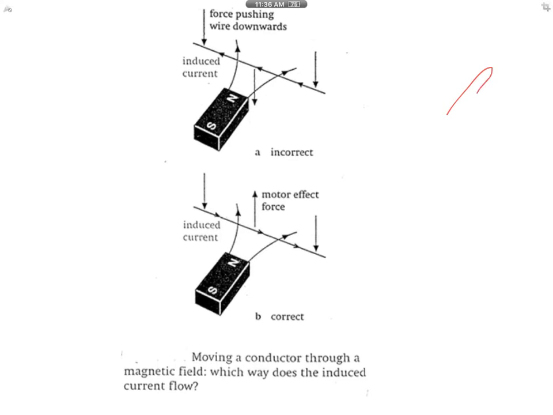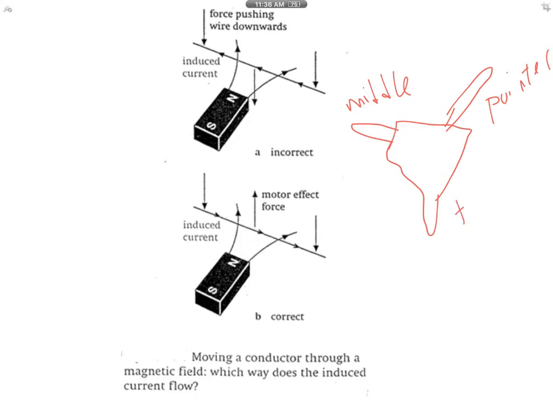Like this, like this. This is how my thumb looks. This is my pointer. This is the middle finger. And this is the thumb. Okay, can you see the force is downwards?